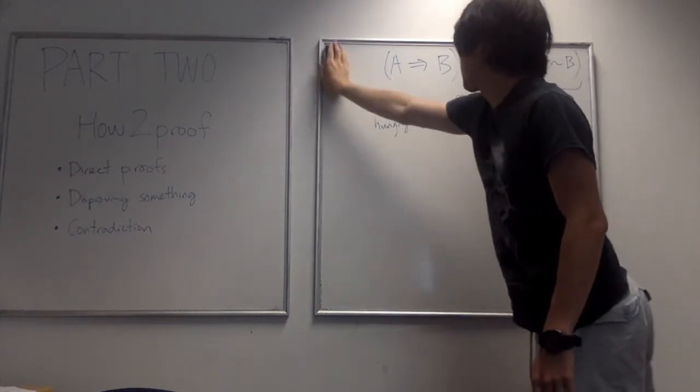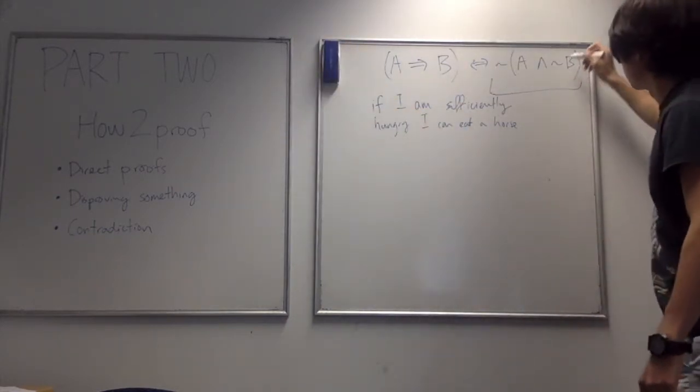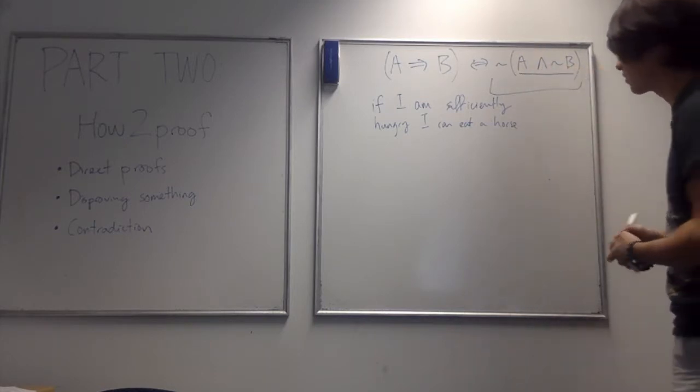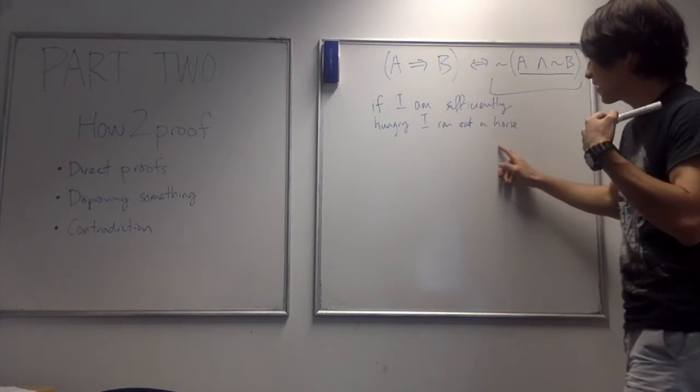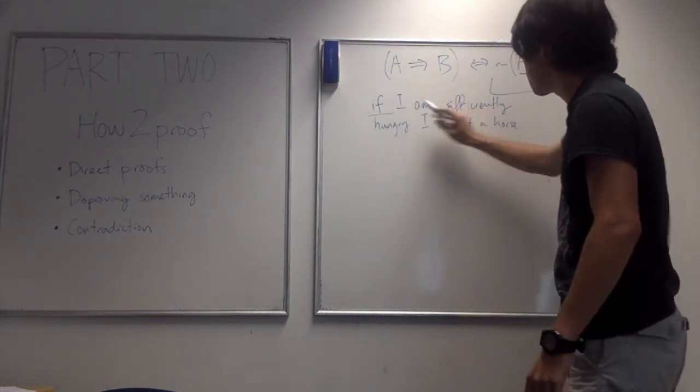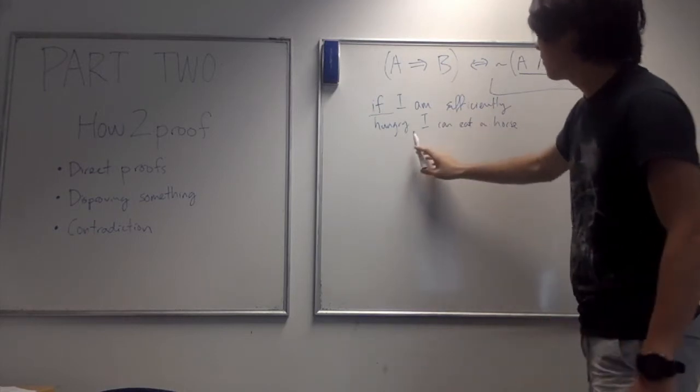So what about contradiction? You want to start off with A and not B, and then eventually you want to show that it's false. So in this case, A is: if I am sufficiently hungry, then I can eat a horse.